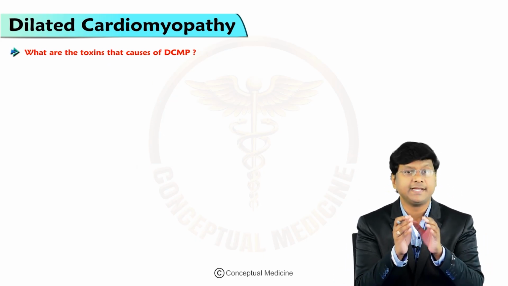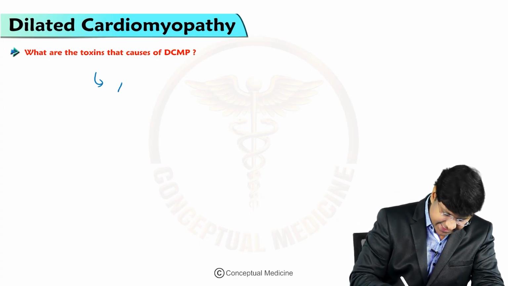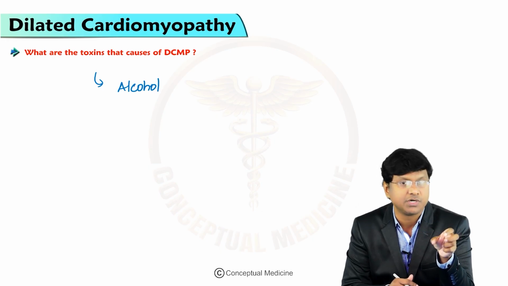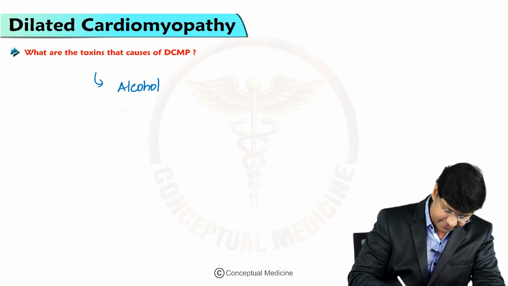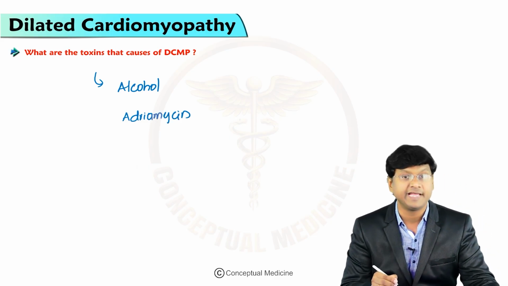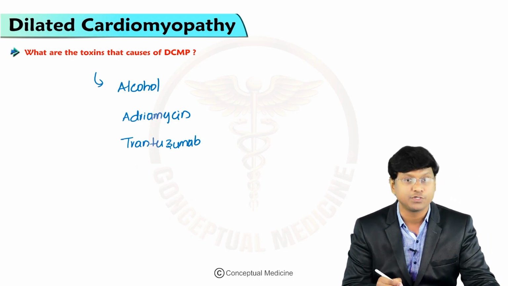Now, followed by that, we also have toxins. Toxins are those, that is the alcohol. This I have already told you, that will be the most common toxin. And apart from that, we have many chemotherapeutic drugs which will cause dilated cardiomyopathy. These chemotherapeutic drugs include adriamycin, then trastuzumab, then cyclophosphamide.